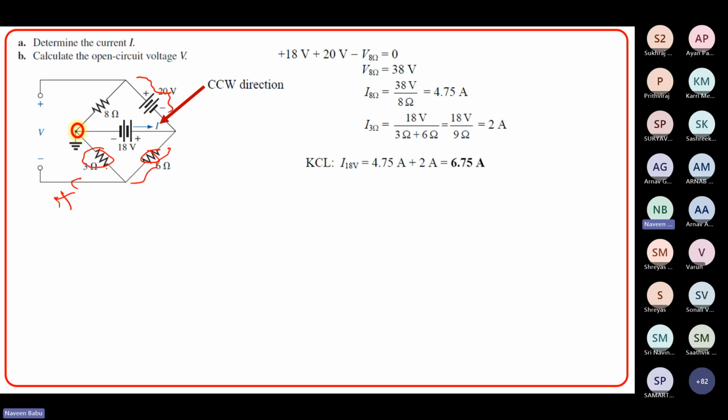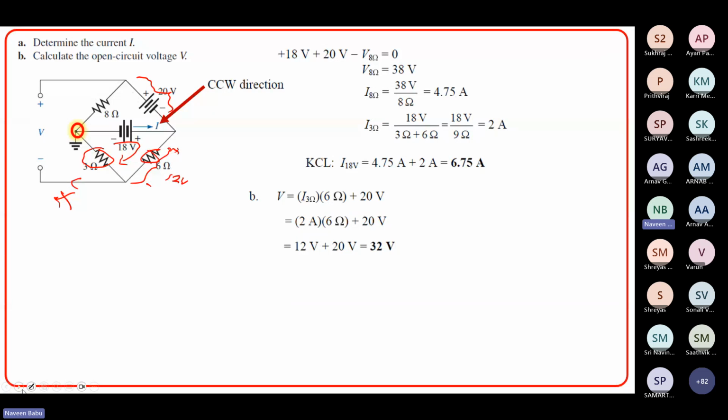If this is 2 ampere, the drop will be 12 volts. And the direction of flow of current we assumed was this, so it will be plus and minus here, 12 volts. So it has to be 20 plus 12, which is 32 volts, the total drop. Yeah, it is 32 volts.